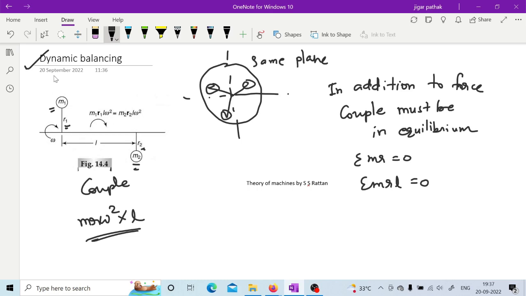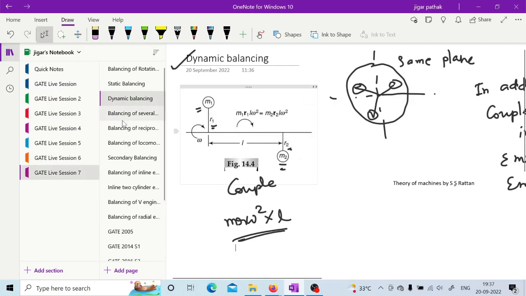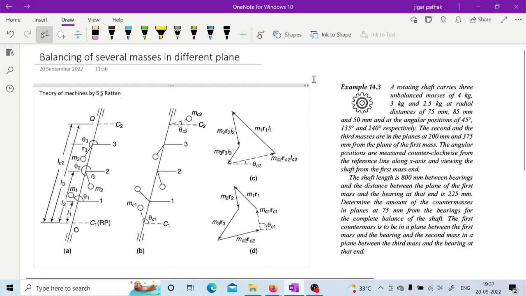In addition to force, you also have to take care of the unbalanced couple. So now we will see how we will do that, in the case of balancing of several masses in different planes.